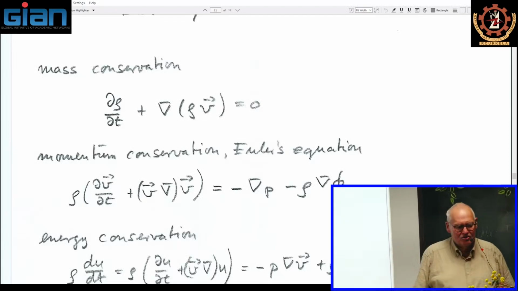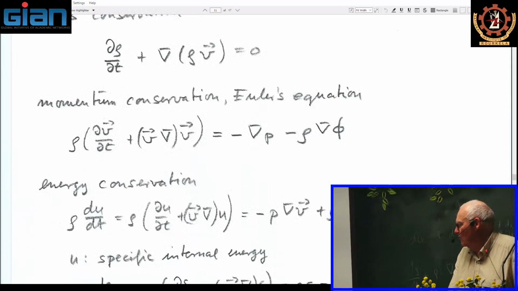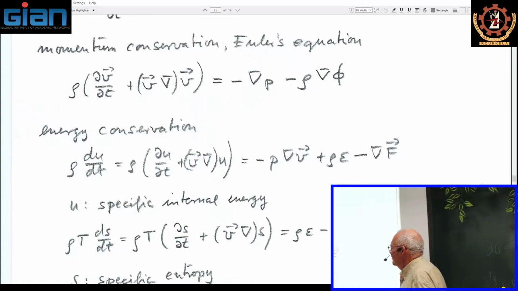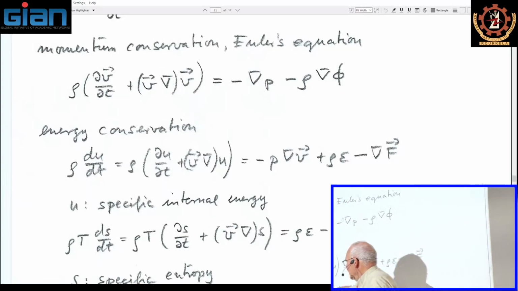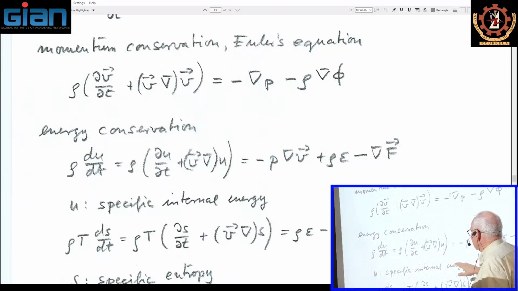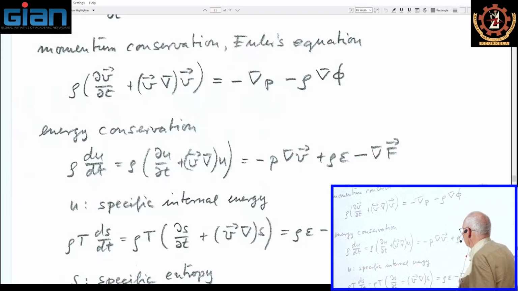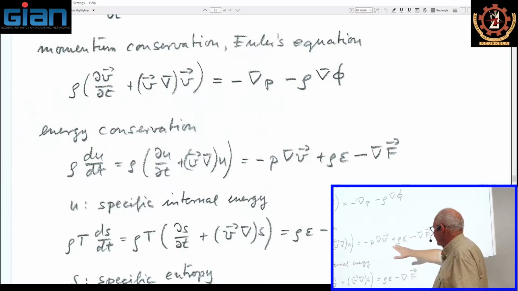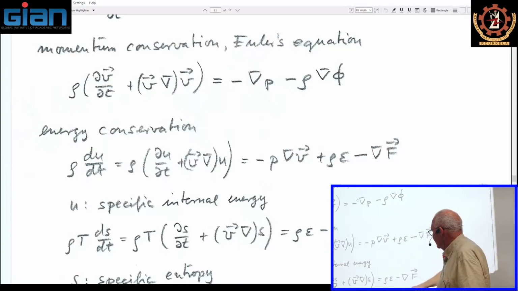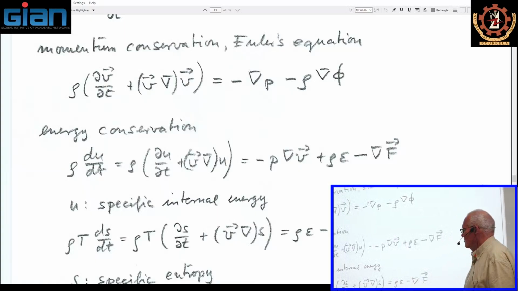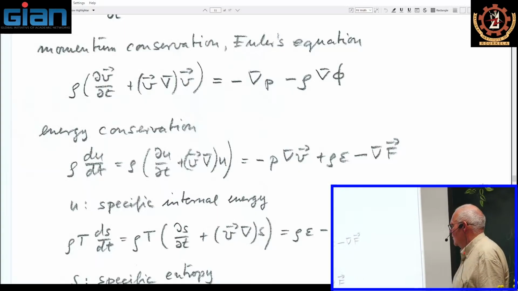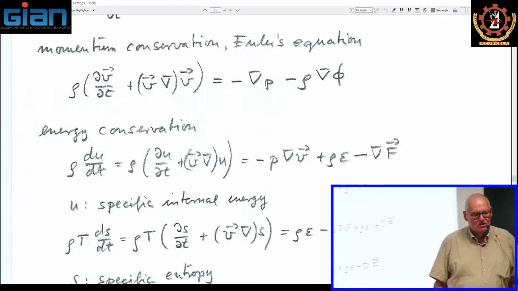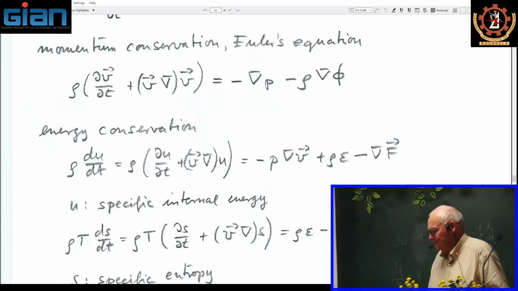Then we have the energy conservation, or the first law of thermodynamics, either in the form using the internal energy, the change of the internal energy, and the work done at the mass element, or in the form using the entropy, the change of entropy, which is then governed by energy generation and the divergence of the heat flux.